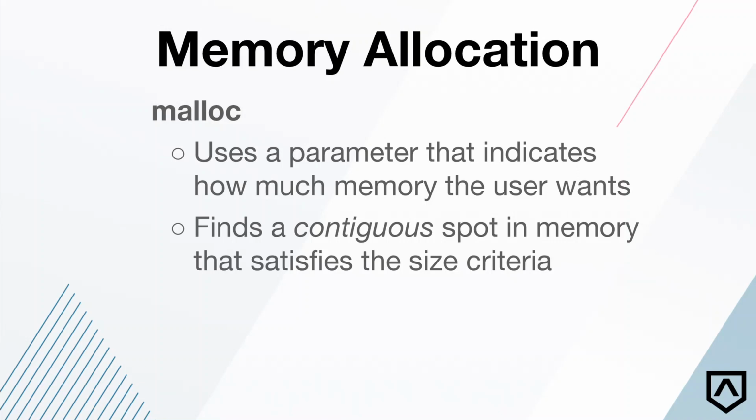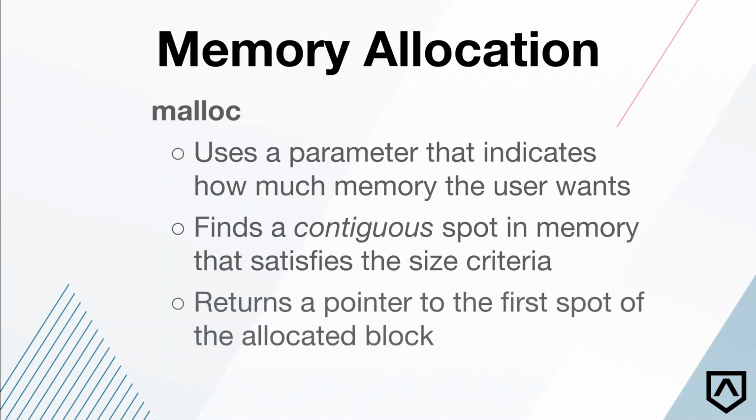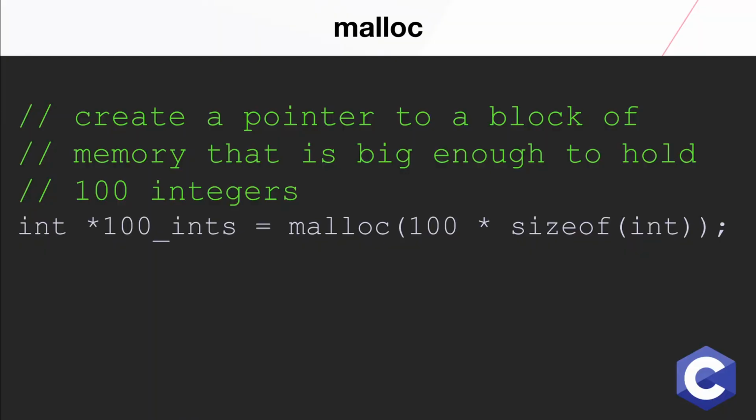What malloc then does is take that size constraint that you've passed in, and look for a contiguous spot in memory, one block of memory that fits that size requirement, and it will return a pointer to where that block of memory starts. So it will point to the first address space in that block of memory.